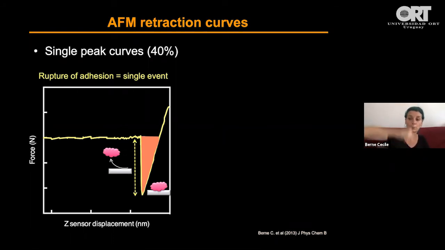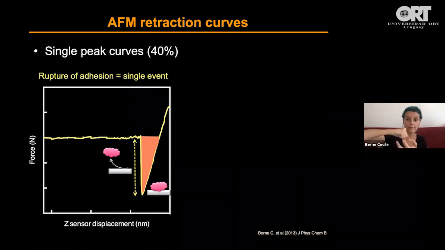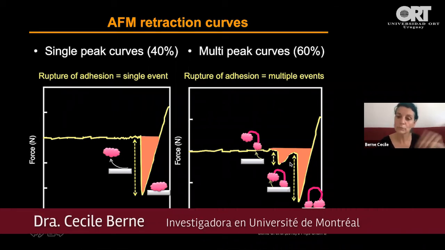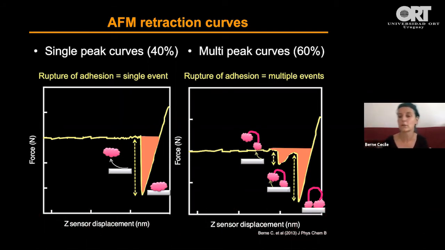When you pull your tip, Holdfast is detached from the surface, or your tip is detached from the surface, all at once. But the majority of our curves actually look more like this, where the rupture events happen in steps, which means that instead of having your sample freed all at once, it goes more gradually, a bit like a zipper or something.